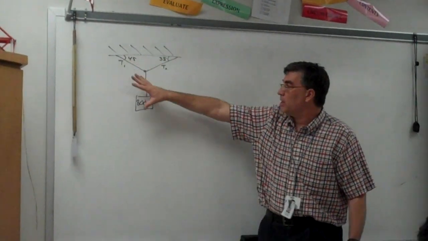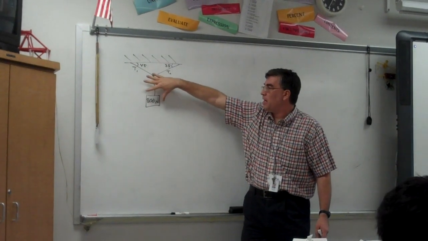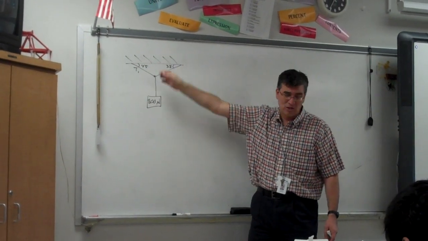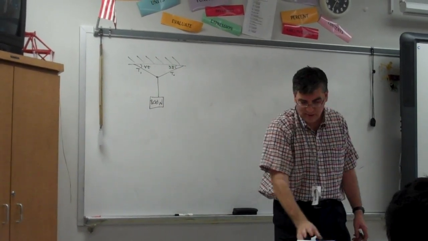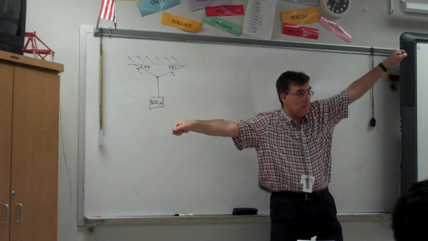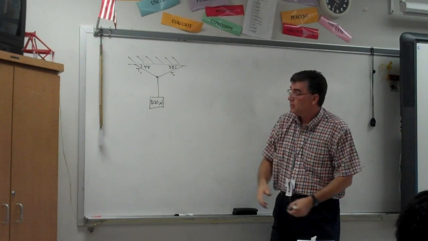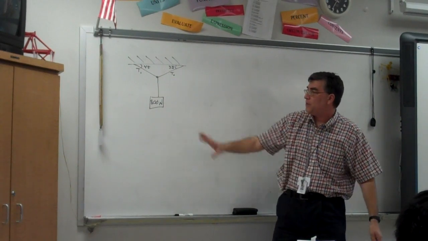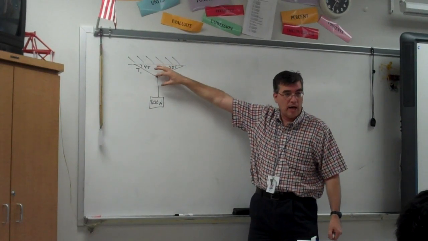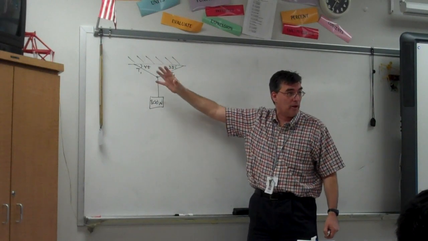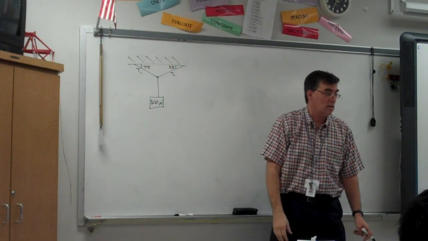So when you have a problem like this, if the sign is hanging there, and this has shown up on several past AP tests, and I talked last time about the monkey hanging from a vine, same kind of idea. First thing you have to do is decide, when I draw my free body diagram, note this is not a free body diagram, this is just a diagram of the situation.